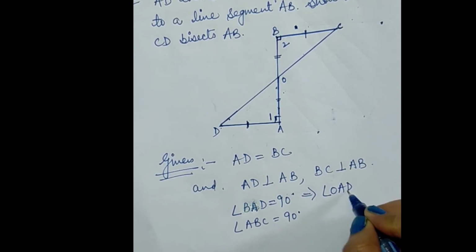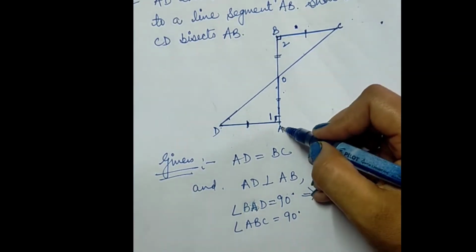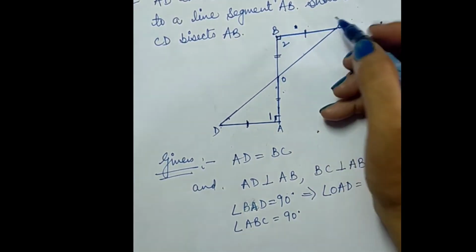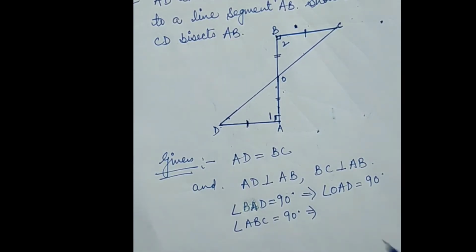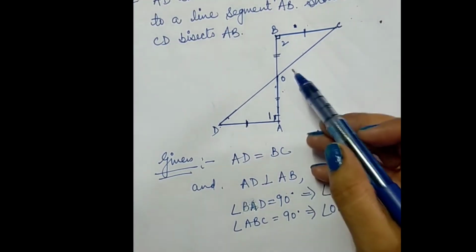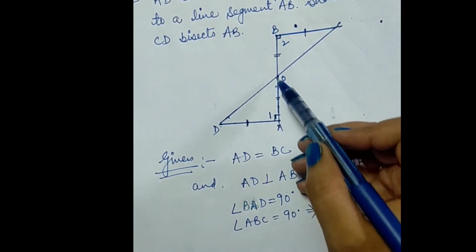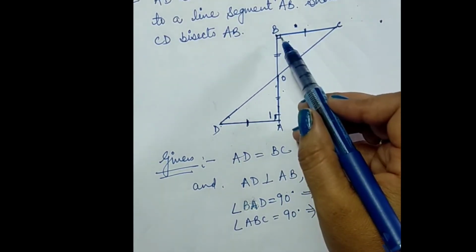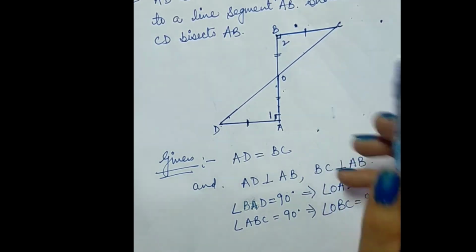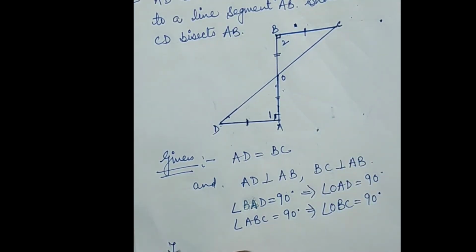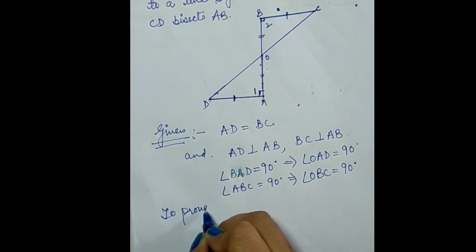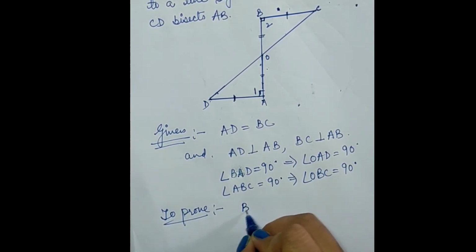OAD is 90 degrees. Similarly, instead of writing ABC, I will be writing OBC. So now we need to prove that OB is equal to OA. How can we prove this? If we prove these triangles to be congruent, then by corresponding parts we can prove them to be equal. So to prove is BO is equal to OA.